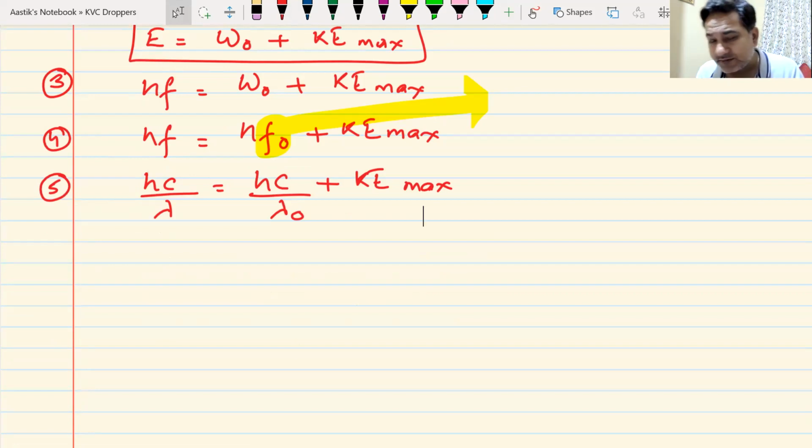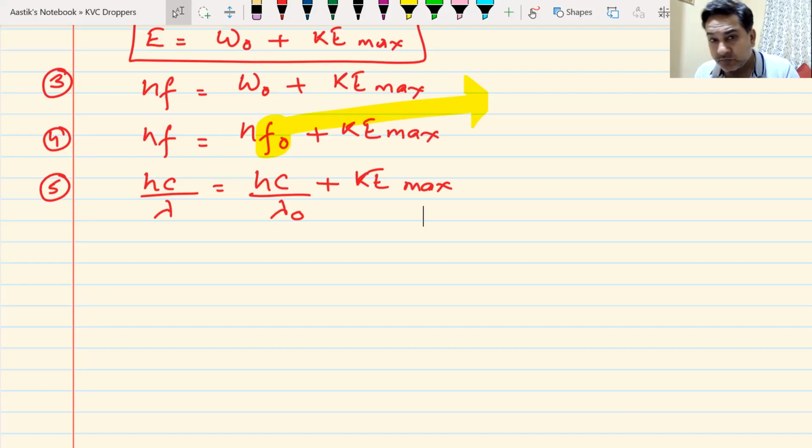Yes or no? We remember this? Yes, sir. Now, to stop photoelectric current, what do I need to do? I need to stop the electron which is moving with the fastest speed. Yes or no? Yes, sir. If I can stop the fastest electron, I can definitely stop all the electrons. Yes or no?